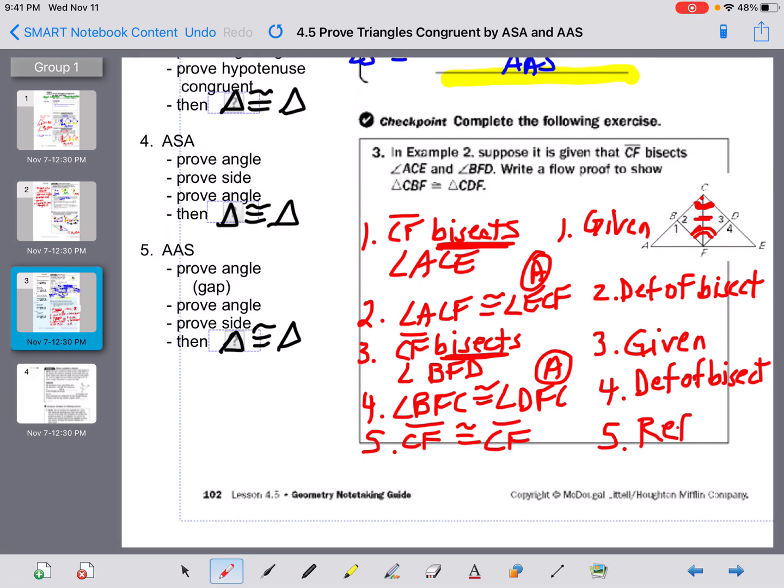It looked in the mirror and it saw itself. All right, that's a pair of sides. Do we have enough thrown in from our recipe to get a congruent set of triangles? We do. We are ready to say triangle CBF is congruent to triangle CDF. And the reason is angle, side, angle.